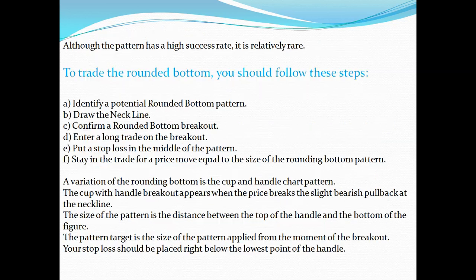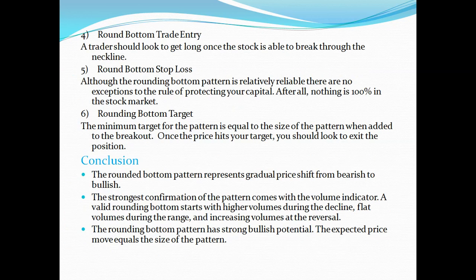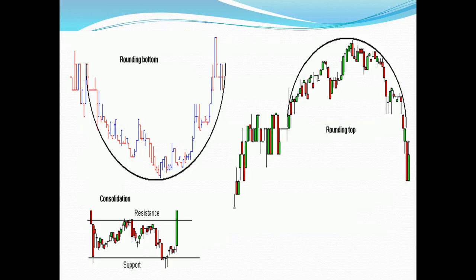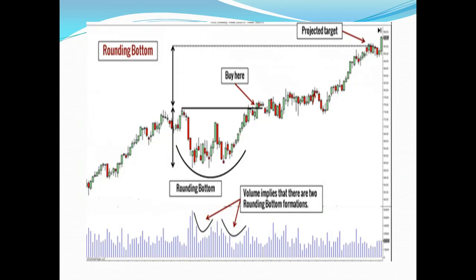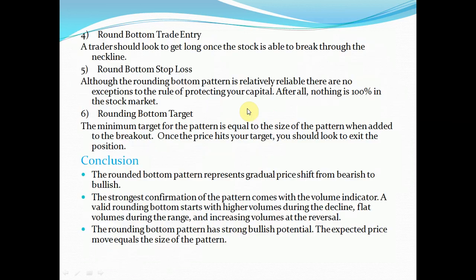So we can conclude this rounding bottom pattern. The rounding bottom pattern represents the gradual price shift from bearish to bullish that we can see here. See, this is bearish, then again it is going bullish. Then the strongest confirmation of the pattern comes with the volume indicator.